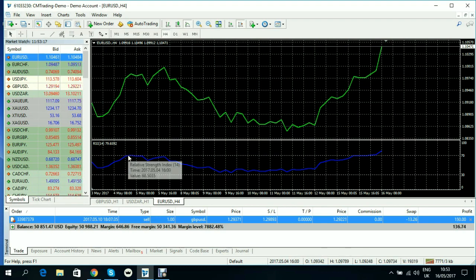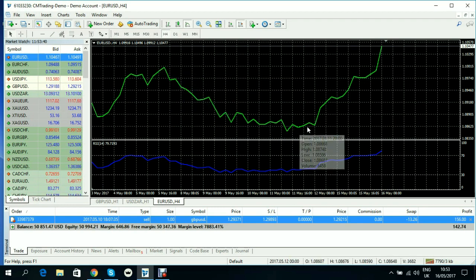You can see that when it was overbought here and then moved below the 70, it started to sell, and it's traceable to the main price trend. So when we are talking about the RSI, we are actually also talking about the price or the trend at the same time.